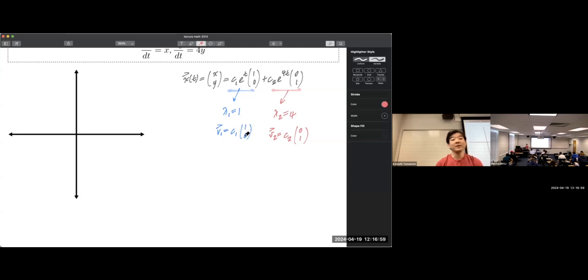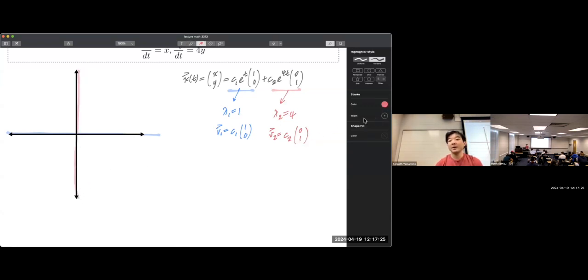There's definitely a point 1, 0 on it. If you make C1 equal to 0, it would be 0, 0, and C1 equal to negative 1, it would be negative 1, 0. It's just going to trace this line. What about this one? This one is going to trace this line because it's 0, 1.